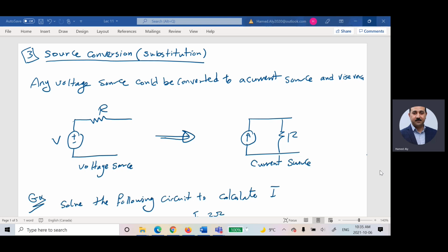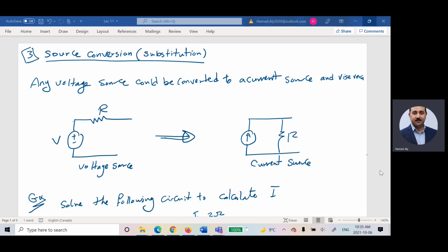So in the previous classes, we were talking about different methods that we use for simplifying and solving any electric circuit. So far, we have learned how to use the node voltage method for solving any problem, and how to use the mesh method for solving any problem.